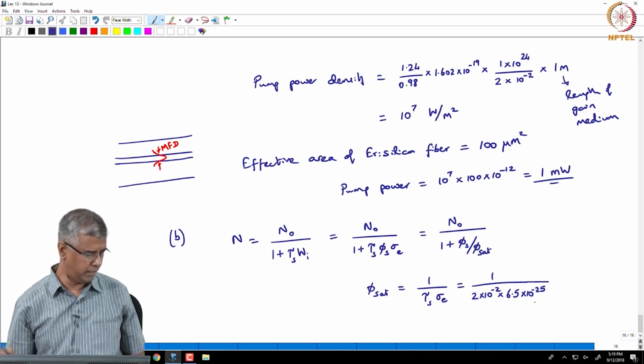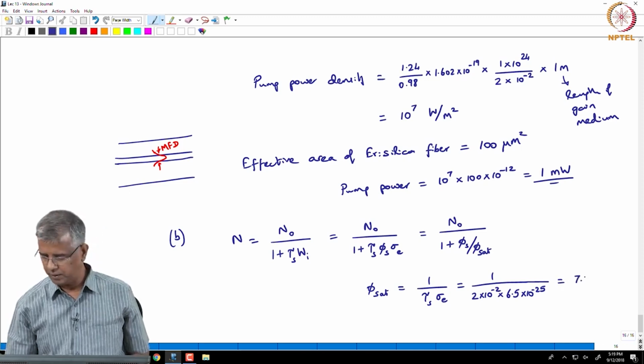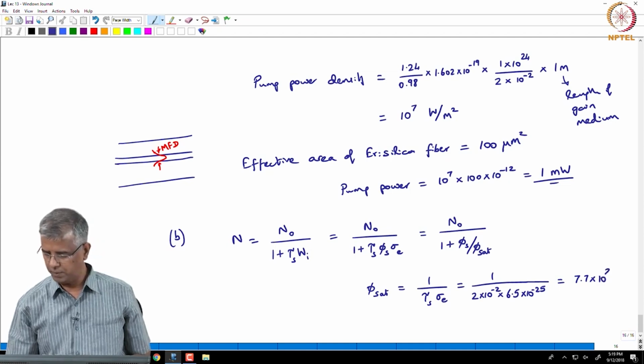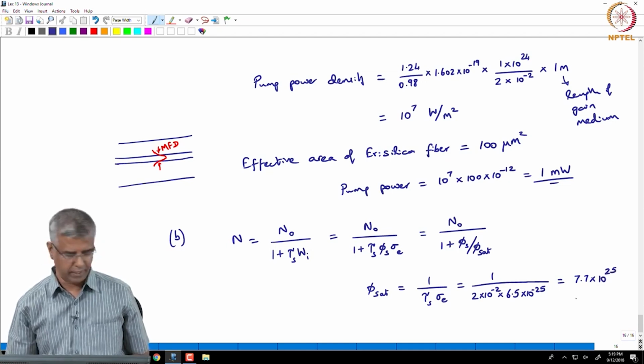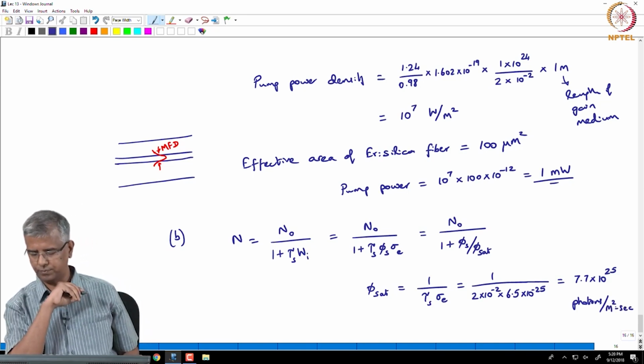And if you calculate that, it comes out to 7.7 multiplied by 10 power 25 photons per meter square per second.